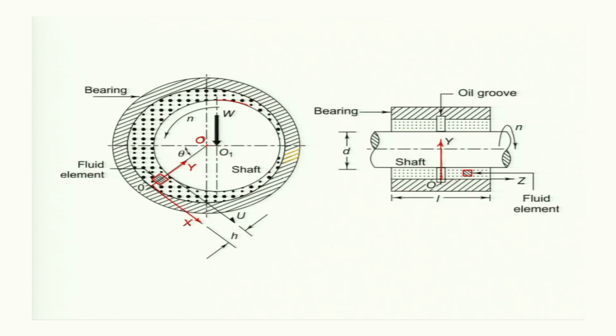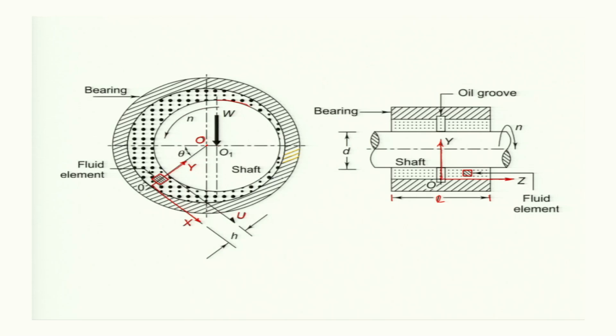In this front view, the coordinate system is also shown. This is the z direction. The length of the bearing is L, and the thickness of the fluid where you have taken the fluid element is h, and the fluid is moving with speed u at the surface, because the surface velocity of the journal is given by u.